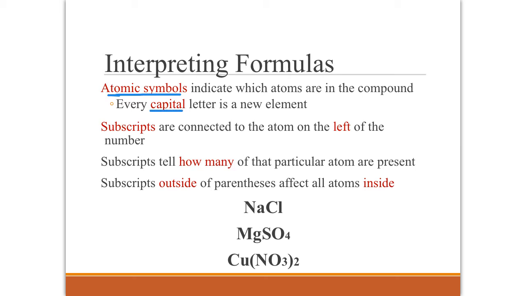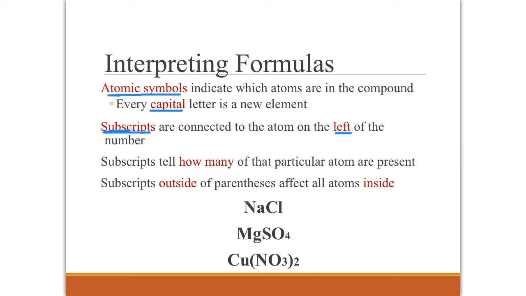And then often there are subscripts or little numbers that are down below the letters in the formula. And subscripts are connected to the atom on the left side of the number. They only pertain to whatever atom they follow. They are directly after. Those subscripts tell you how many of that particular atom that they're connected to are present inside your compound.